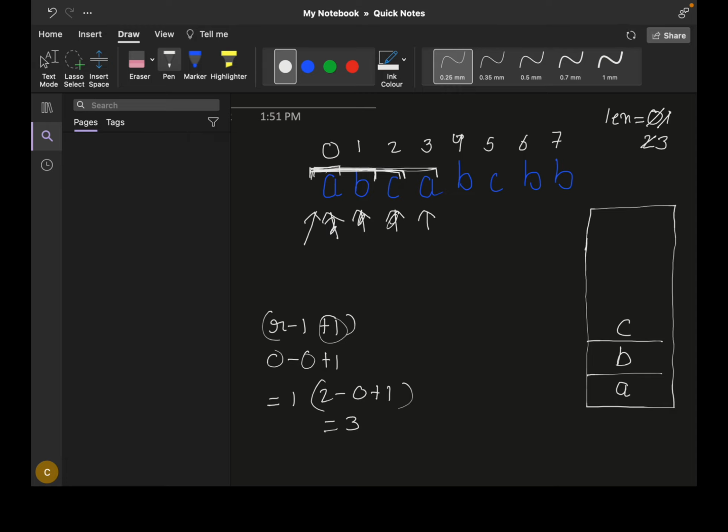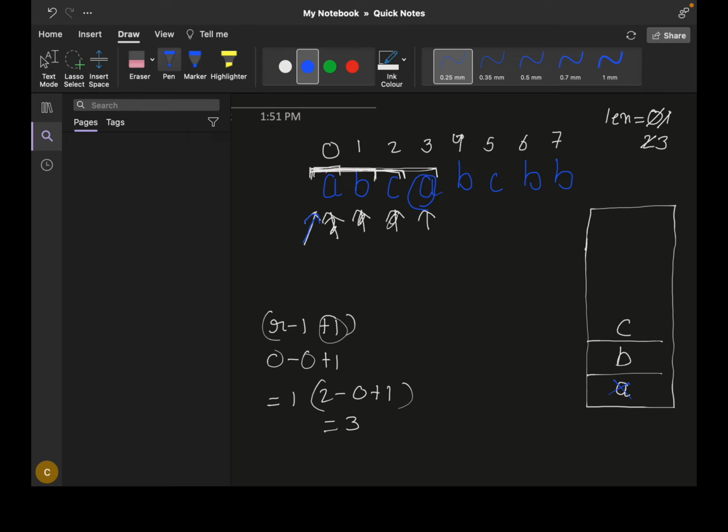Again the right pointer moves forward, it comes to the character A, and now our substring would be there. We check whether A is contained or not, and A is contained in our hash map. So we will shrink our substring from the left position. We remove characters from the left until we remove the A character from our hash map. So we remove the left character, A. Again we check whether it is contained or not.